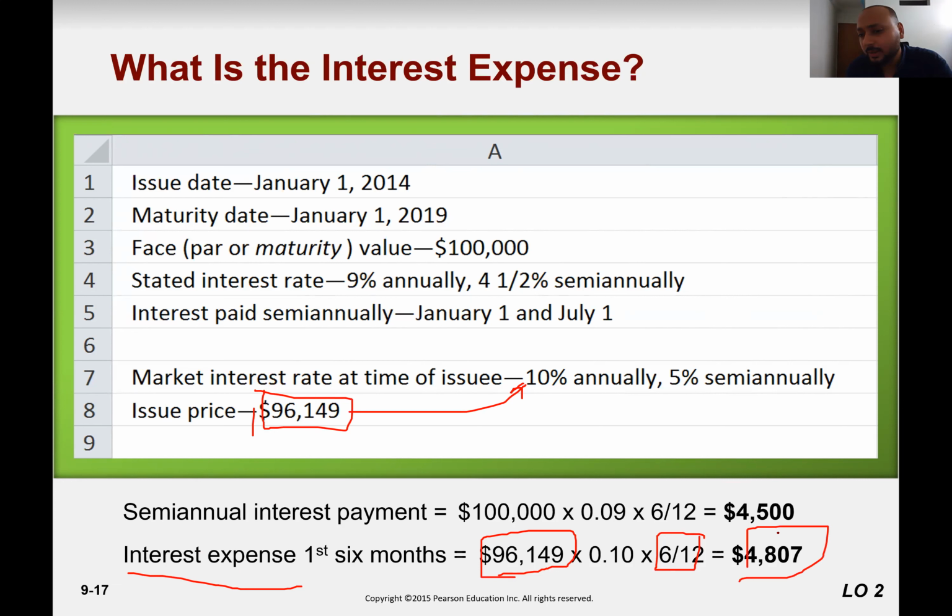So did you notice something? Interest expense is greater than interest payment.